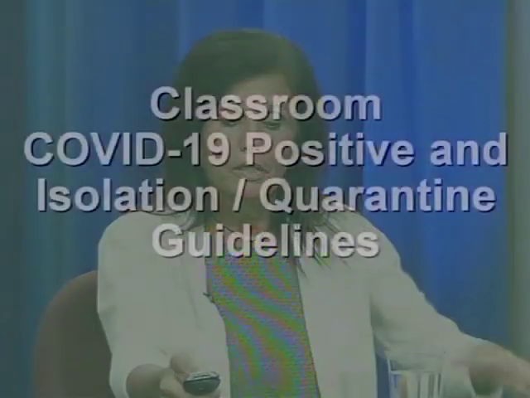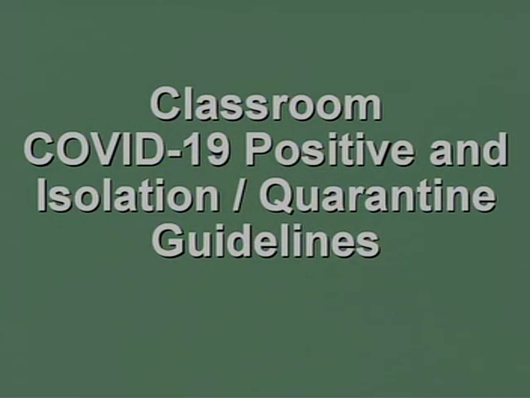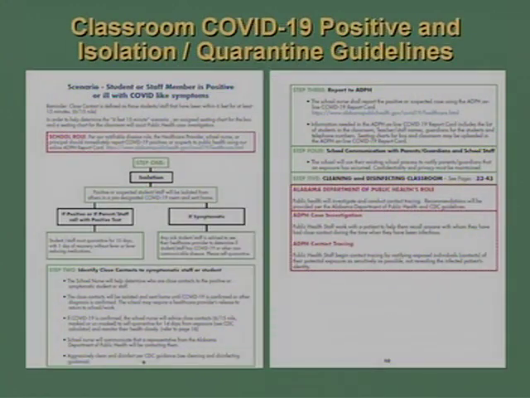The next part that we want to go over is our classroom COVID-19 positive and isolation quarantine guidelines. This is what Dr. Harris was talking about earlier, and it's in the toolkit.